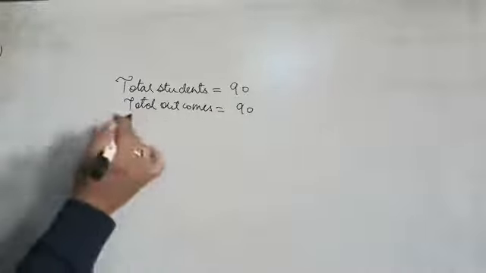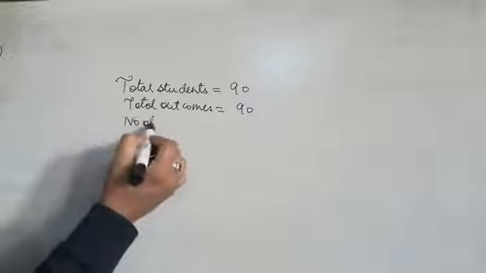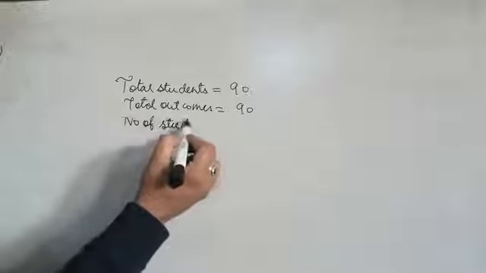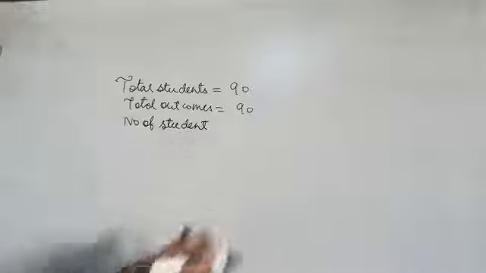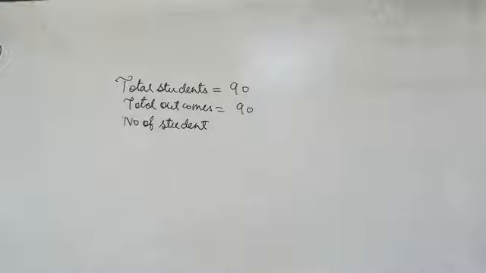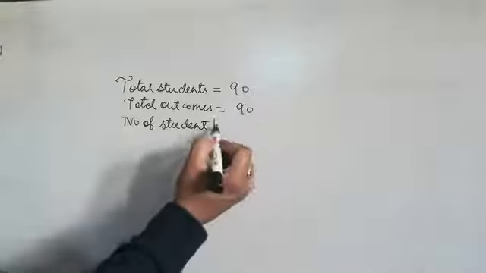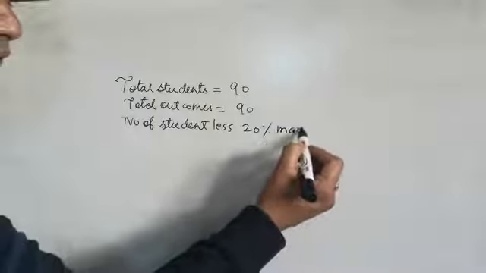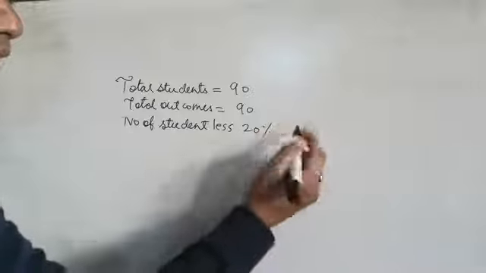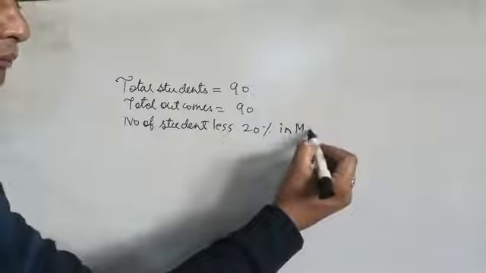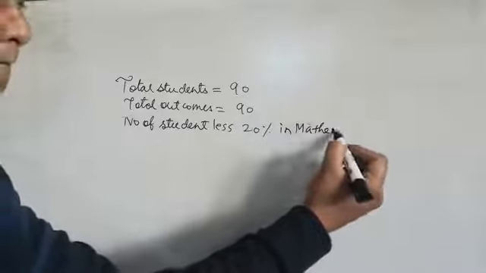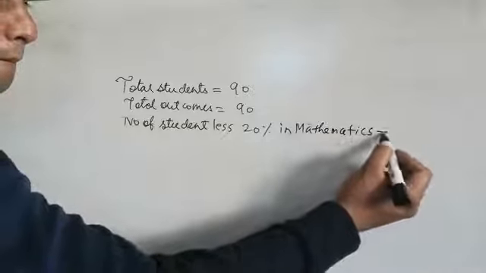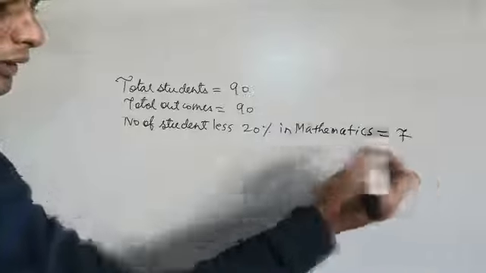And the number of students who got less than 20% marks in mathematics is equal to 7.